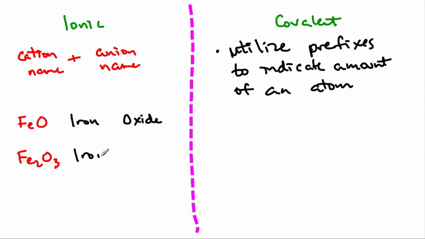Now, if we look at this, we would come up very quickly with the name that both of them were iron oxide. That can't be right because there's definitely a difference between them in terms of their formula. So we have to show that as well. And so the way we do that is by showing a Roman numeral. Now, figuring out the Roman numeral takes a little bit of thinking and reverse engineering.